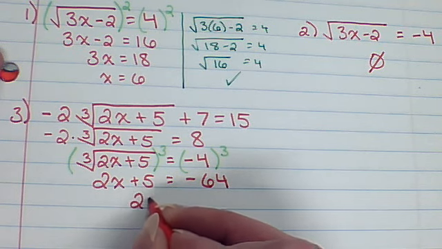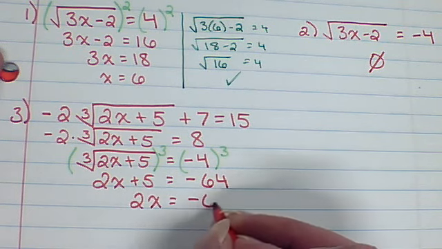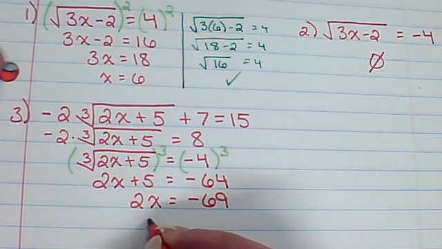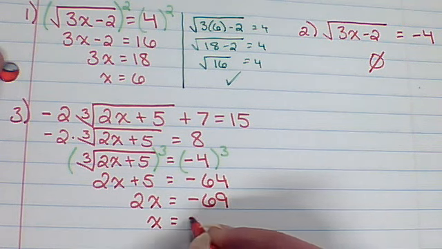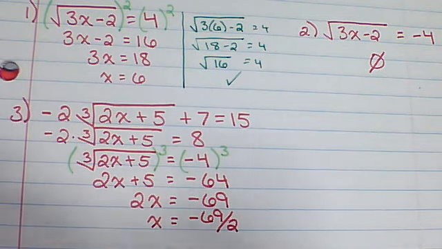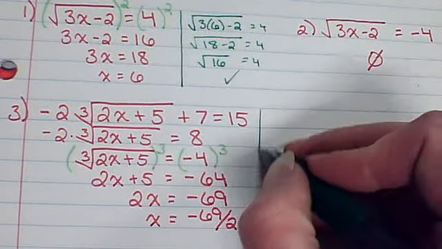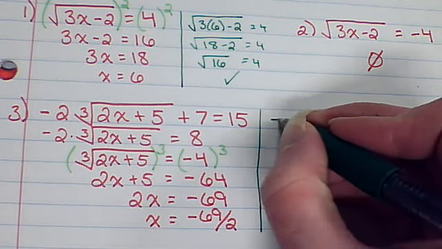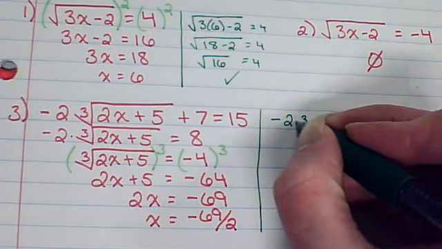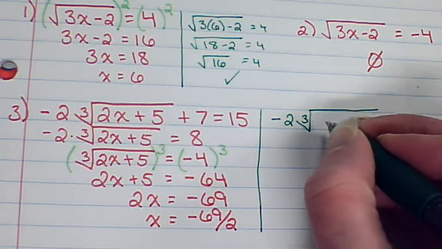Subtract 5, and we get 2x equals negative 69. X equals negative 69 divided by 2. I want to check my answer. So I'm going to plug it back in.